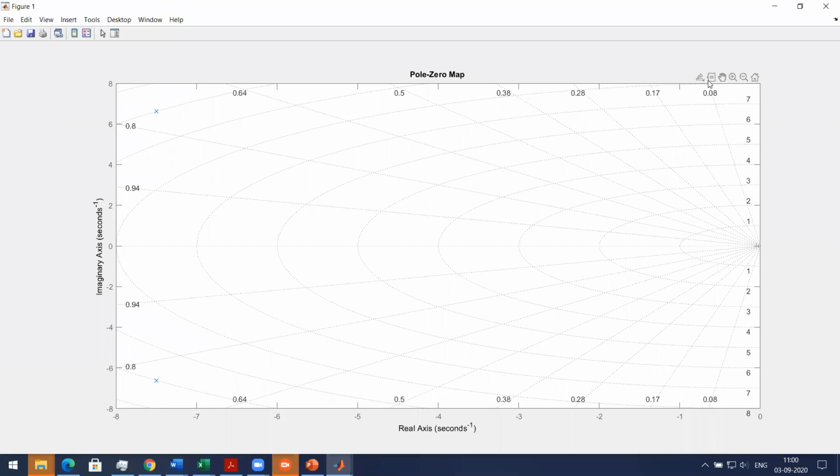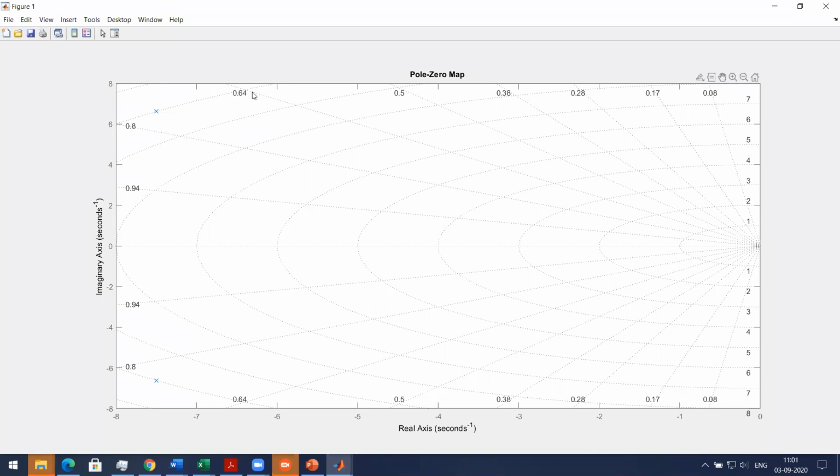So this is 0.08 damping ratio. This is 0.17, 0.28, 0.38, 0.5, 0.64, 0.8, 0.94. This is 1. And then this is 0.94, this is 0.8, 0.64. The values repeat.